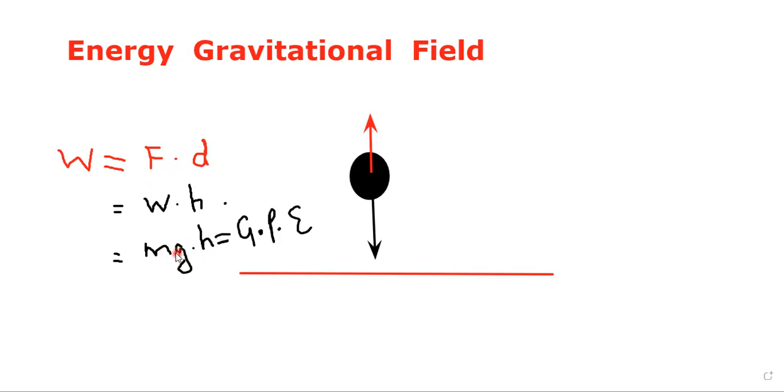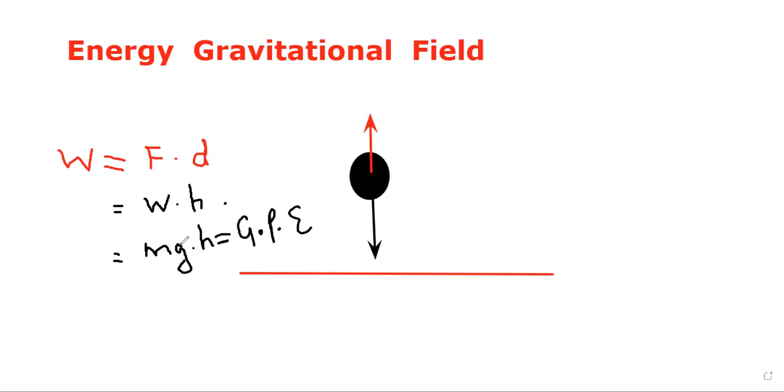So when the object moves away from the earth's surface, its g also varies. g decreases, h increases, but the ratio of decrease in g as compared to increase in h is very small. So normally we ignore it within the gravitational field of earth, and we consider it as a constant quantity, but it has some influence, so it actually changes.